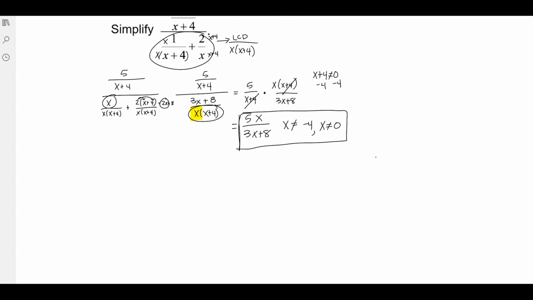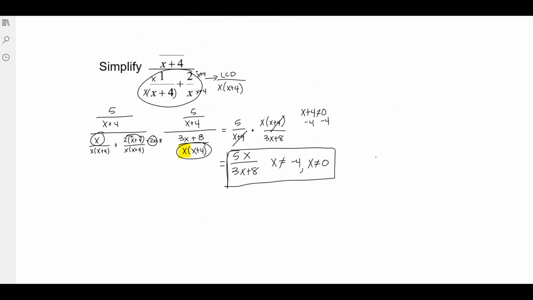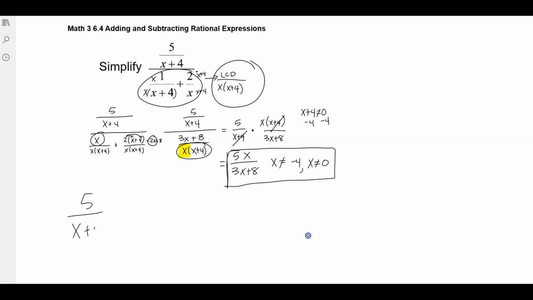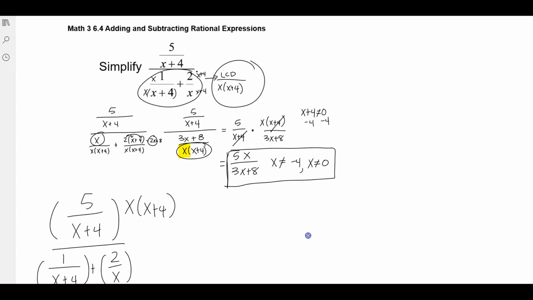All right, the second method is where you multiply everything by the lowest common denominator. So 5 over x plus 4 over 1 plus 4 plus 2 over x. So we're going to multiply the top by x times x plus 4, and then the bottom by that x times x plus 4.